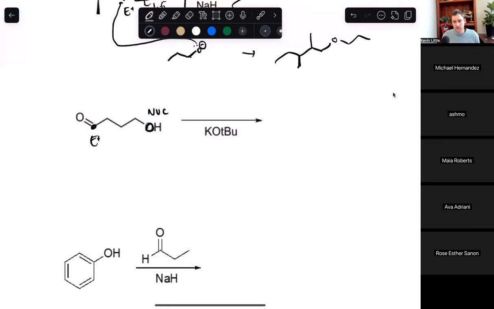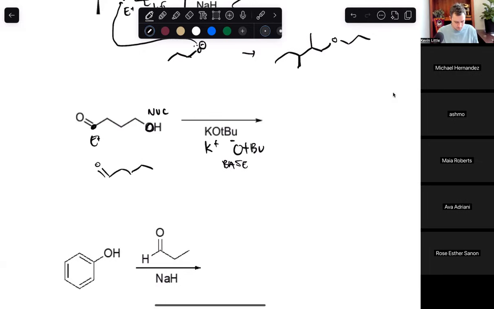It's totally possible. There's nothing wrong with that. Happens all the time. I have a metal, so I'm going to draw out the ionic bond. And since this is a base, there's a metal present. It's going to deprotonate my nucleophile. So I'll just go ahead and draw it out so we're super clear. Base deprotonates nucleophile.